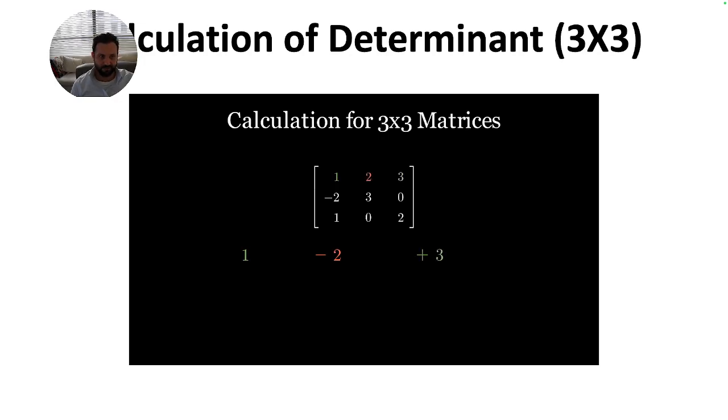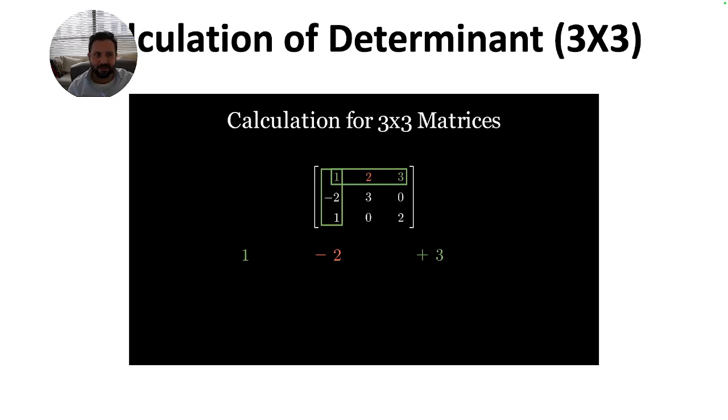So these scalars are going to be multiplied with some other scalars, which are going to be results of the determinant of a smaller matrix within that big matrix.